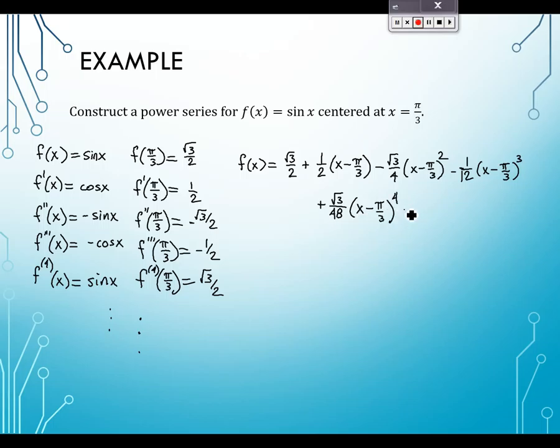Okay. And then maybe we should challenge ourselves to write the general term here. Can we do it in terms of n? Or maybe we can't. I don't know. Maybe the answer is no. You know, one thing you could do is break it up into 2 pieces.